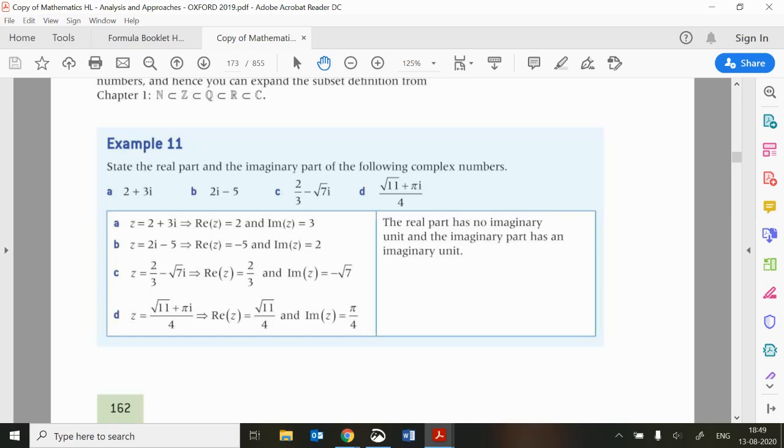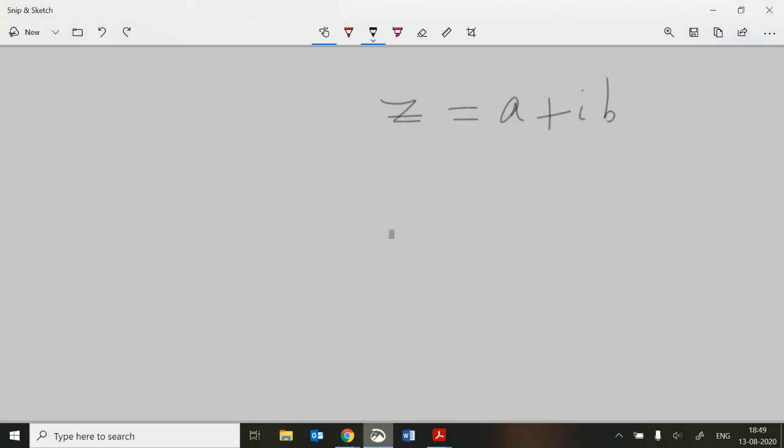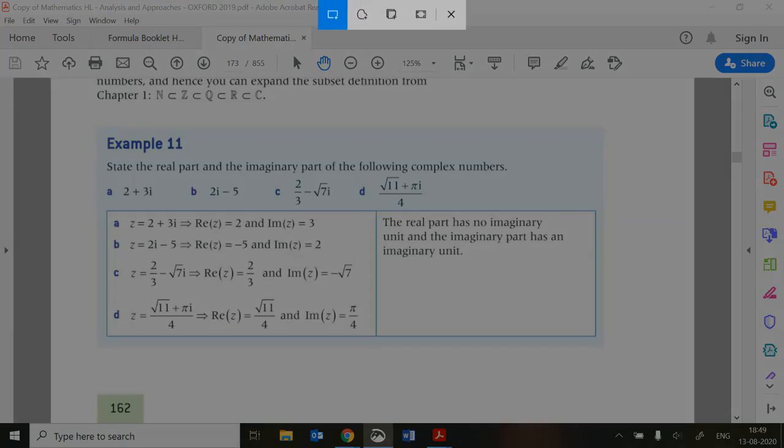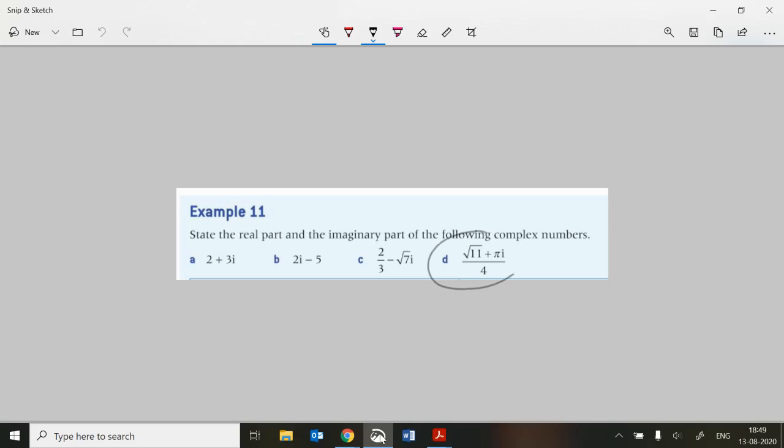Oh, and they're saying state the real and the imaginary part of these things. So let's deal with this. So real and imaginary part, and let's just take, for example, part D. This will be sufficient. So if I say we've got the real part of z, and we're defining z as the square root of 11 over 4 plus pi over 4 i.